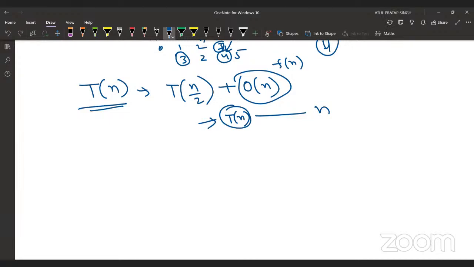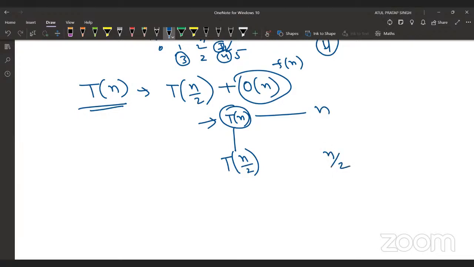Because we are applying the partition function on n elements initially, it will take n time in the first level. In the second level we are discarding half of the elements for the searching, so that means we are performing our operation on T(n/2). So the f(n) part will also reduce, so it will become an n/2 operation.